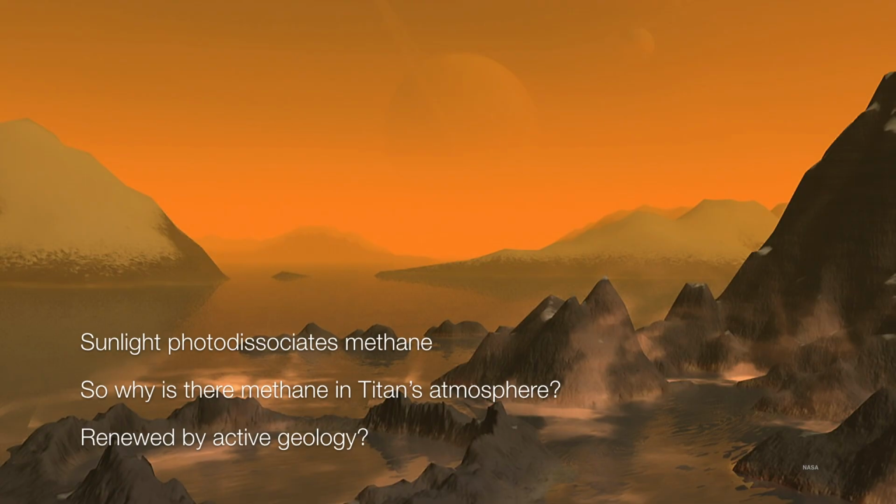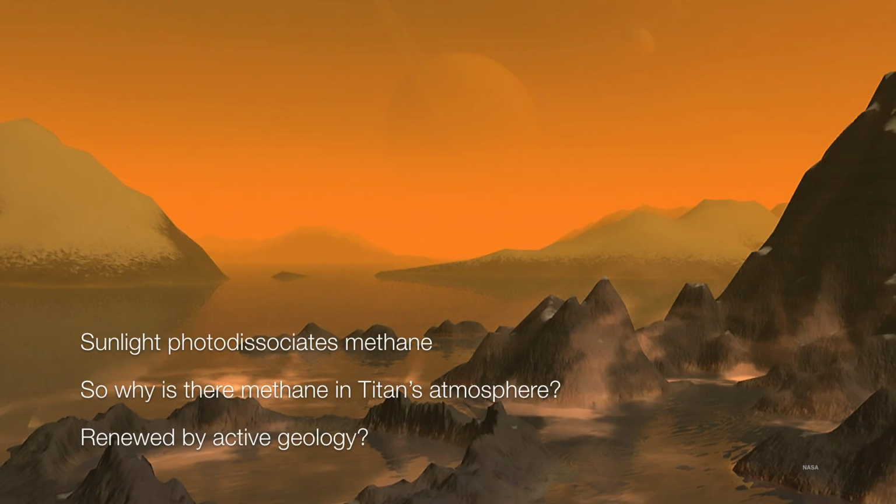You see, all of the hydrocarbons, particularly the methane, should be broken up by the sunlight. Now, even though the sunlight at Saturn is relatively weak, even at its low intensity, it's still enough to boil away, or what's called photodissociate, the methane. So the skies around Titan should be relatively clear. Why then is there all this methane in Titan's atmosphere?